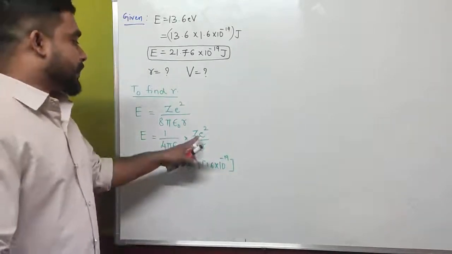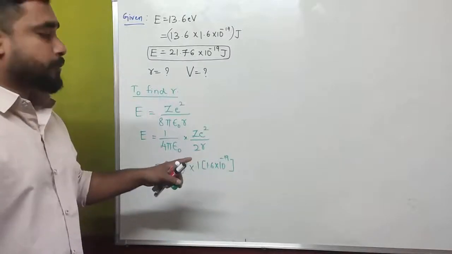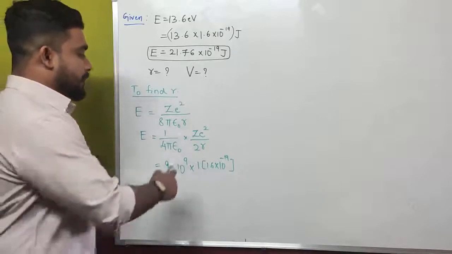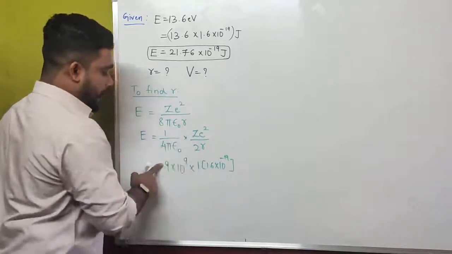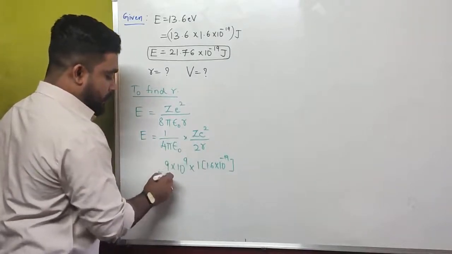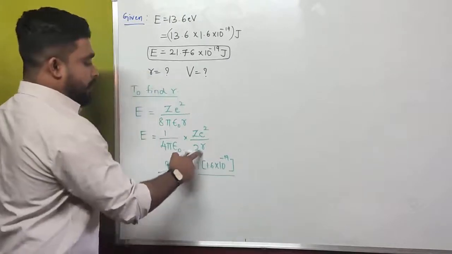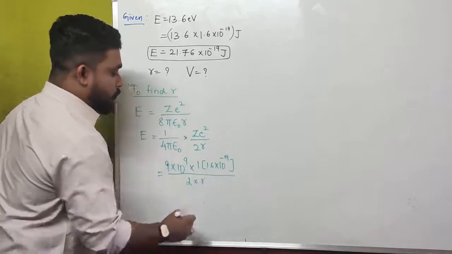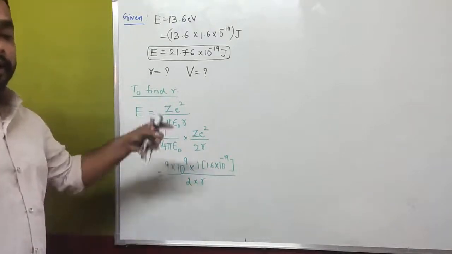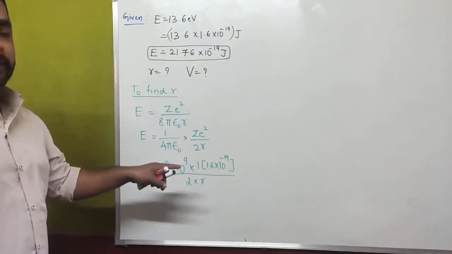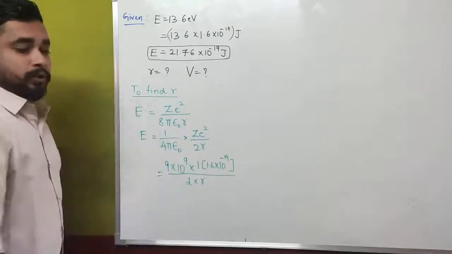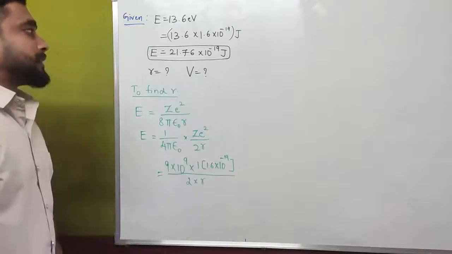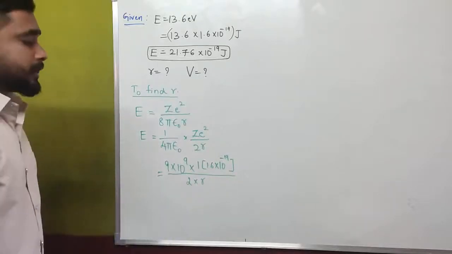Z, that is the atomic number, the number of protons in a hydrogen atom, is equal to 1. Here what we have is 2 into R. Actually we don't know the value of R here, so we keep it as it is. And we know the value of E. E is equal to 21.76 into 10 to the power of minus 19 joules.